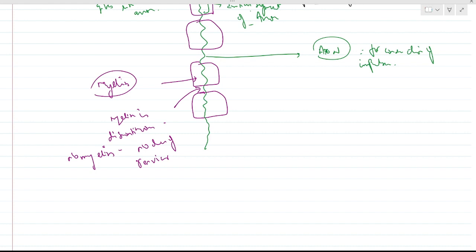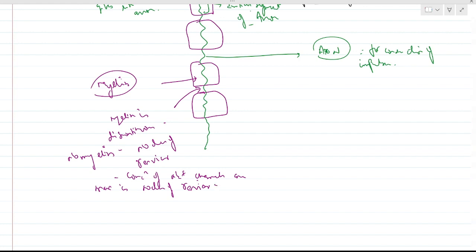Here, the speciality of nodes of Ranvier is that the concentration of sodium channels is maximum in the nodes of Ranvier.